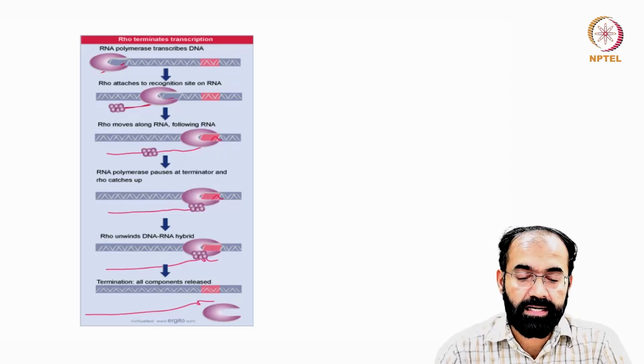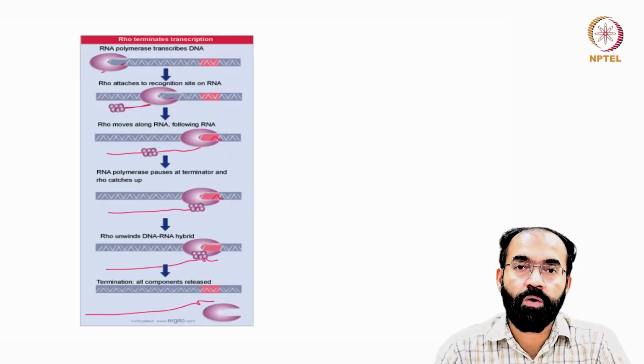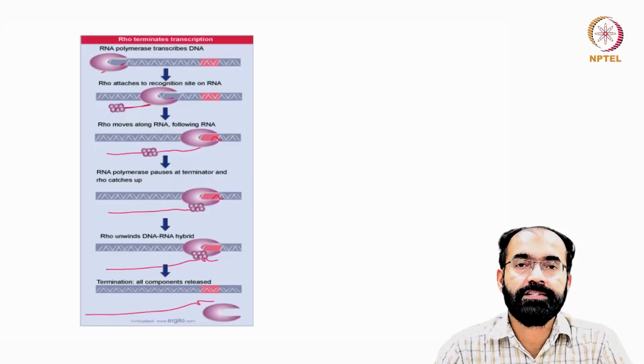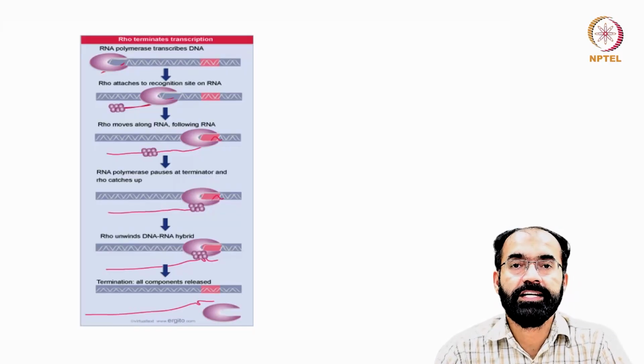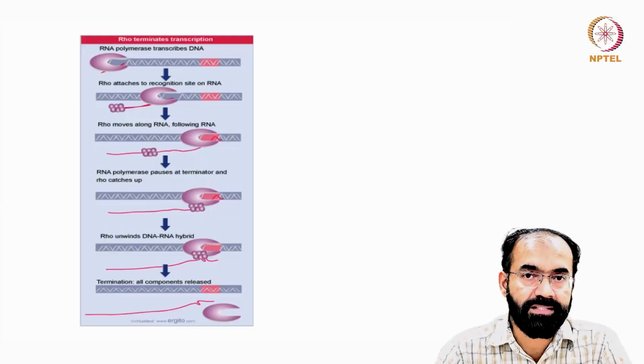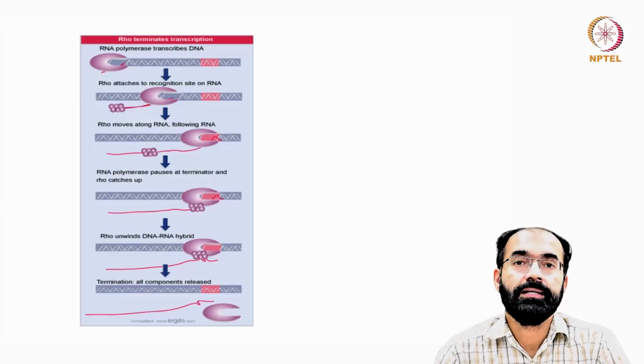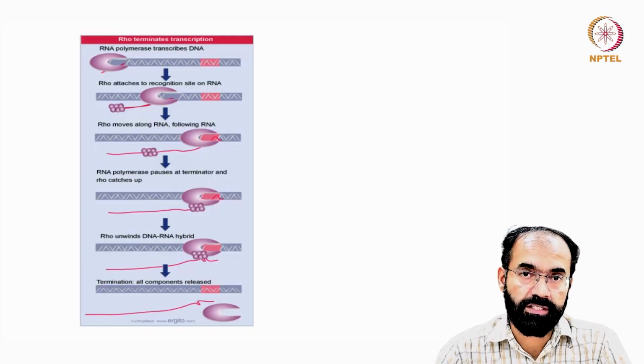And the concept we have also seen: in the Rho independent mechanism, you have to have a unique secondary structure that needs to be formed by inverted repeats present in the RNA's end portion, where the termination is supposed to happen.